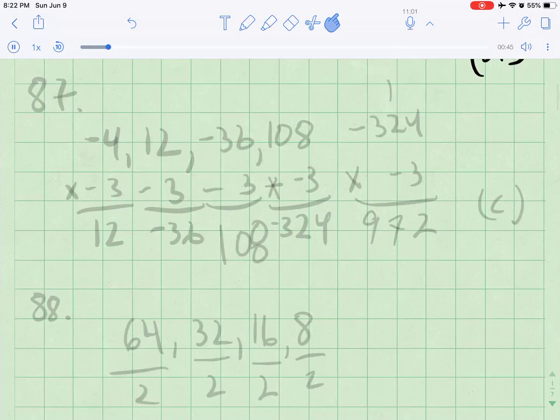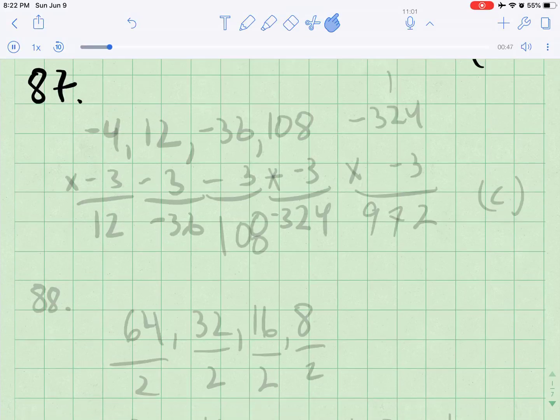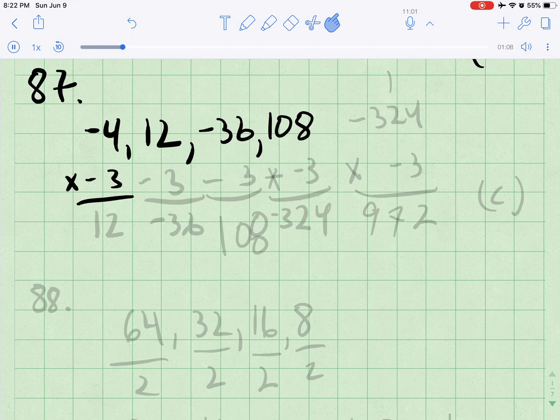87. Find the next three terms in the geometric series. Negative 4, 12, negative 36, 108. What's happening here? We're multiplying by negative 3 each time.